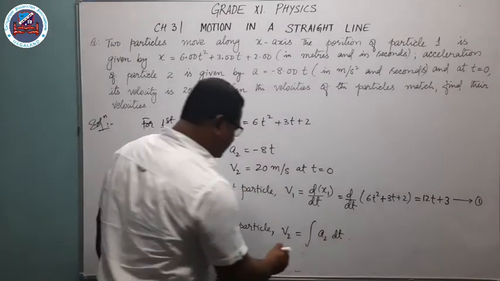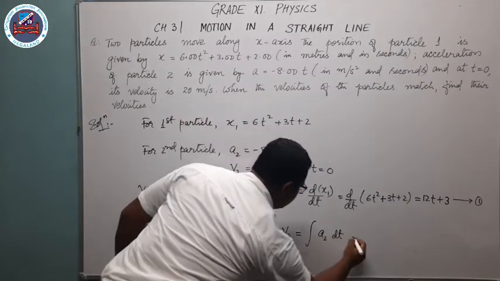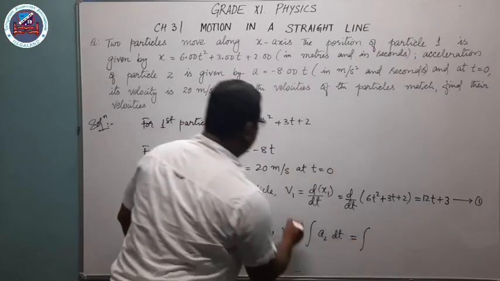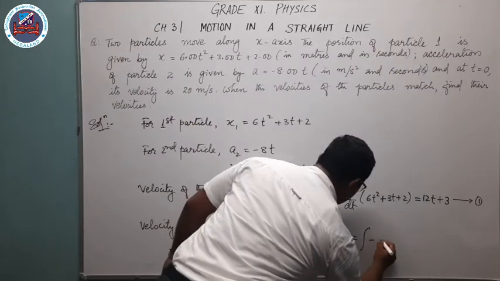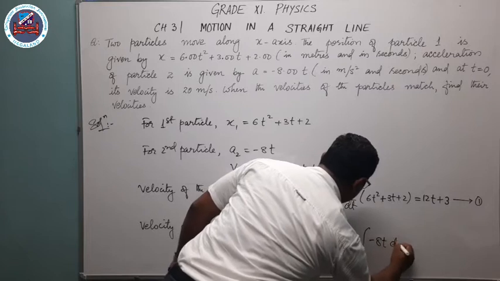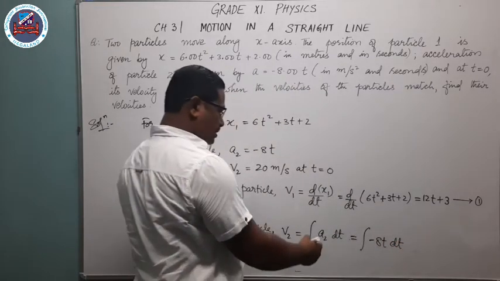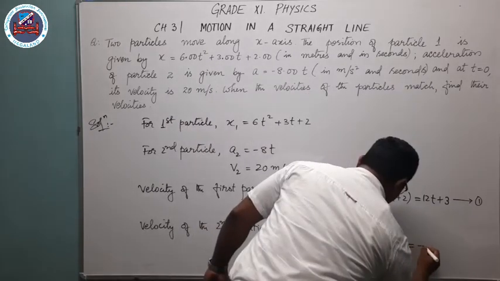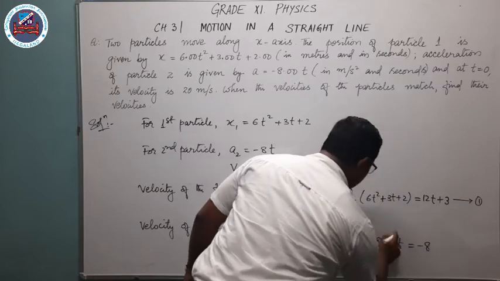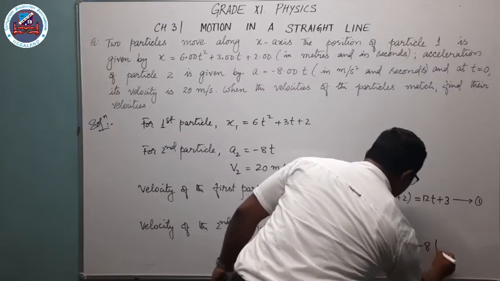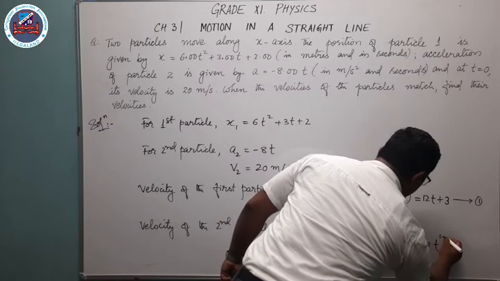When you integrate a2, what is the value of a2? You put it as minus 8t dt. Now to integrate it, minus 8 you can take outside. This t power is 1, so it will be t to the power 1 plus 1.